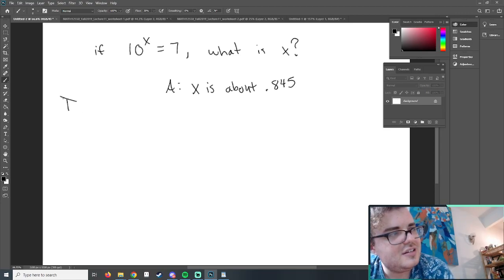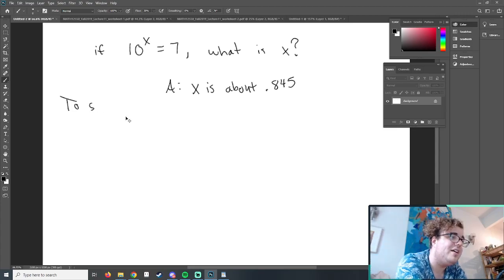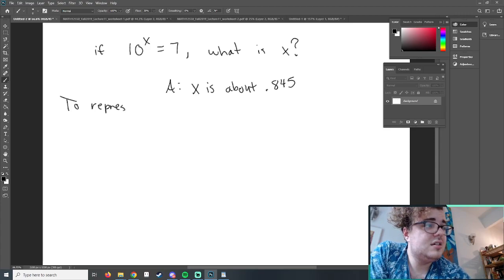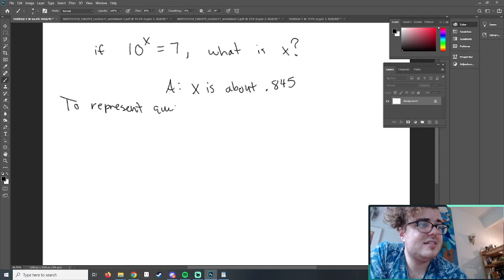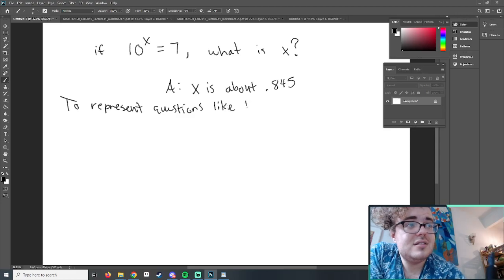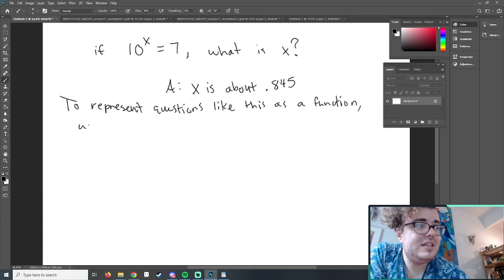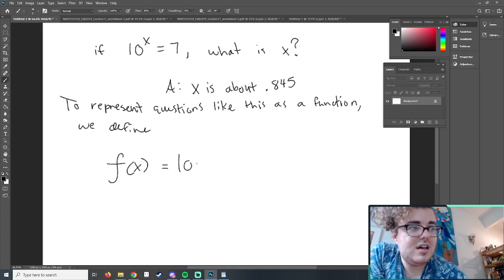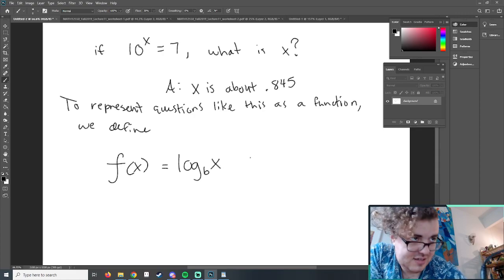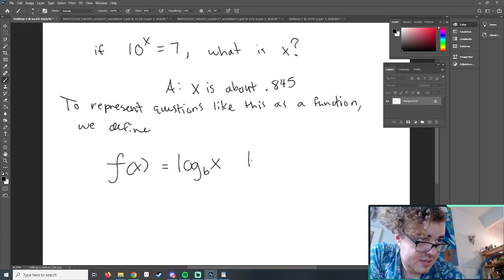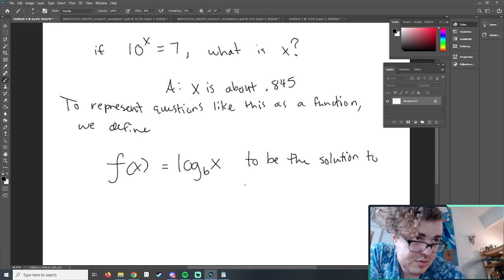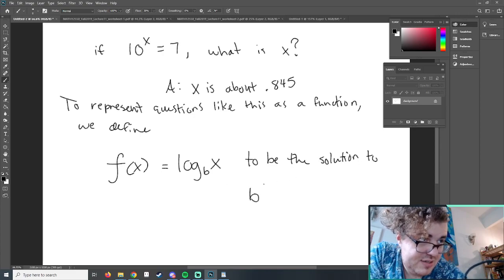We said, okay, I'm not going to even say solve, I'm going to say to represent questions like this as a function, we defined f of x equals the log base b of x to be the solution to b to the f of x equals x.